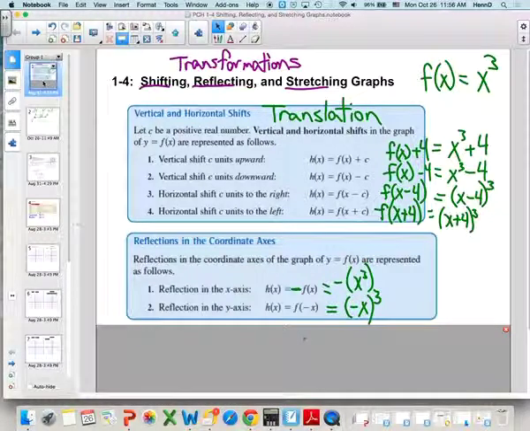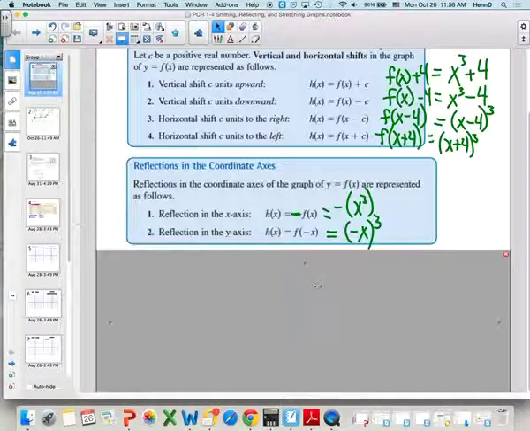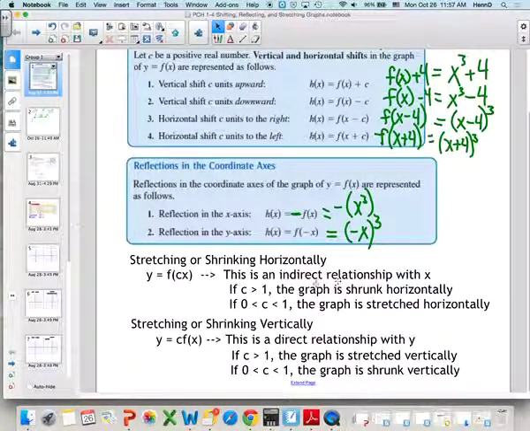The last little thing here is the stretching or shrinking, okay? And the stretching or shrinking, again, the horizontal one is kind of the goofy one. The vertical one is nice and easy. If you're multiplying by something bigger than 1, it's going to stretch it vertically. So if you have 2f of x, that means all your y coordinates are going to be doubled.